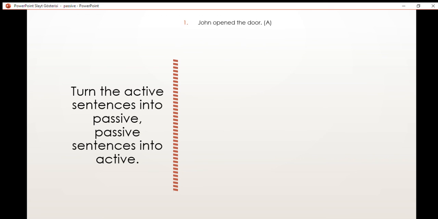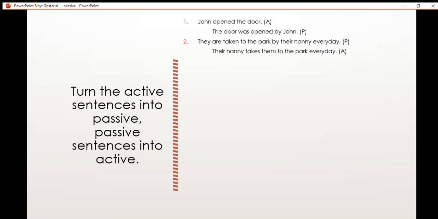Number 1. John opened the door. That's an active sentence. The door was opened by John is the passive of this sentence. 2. They are taken to the park by their nanny every day. Their nanny takes them to the park every day.